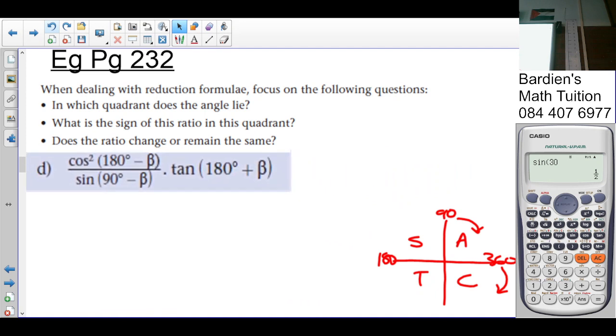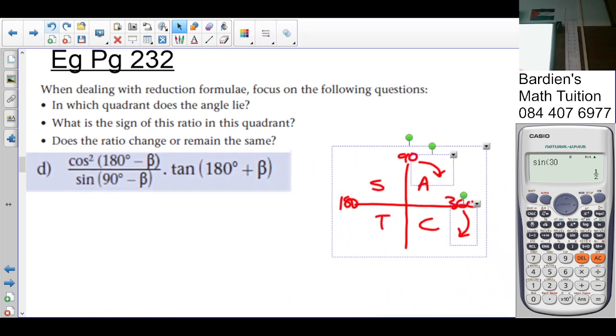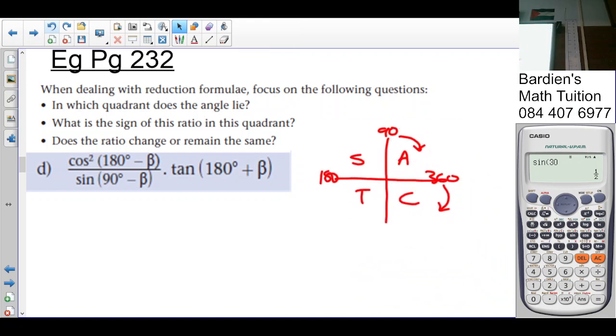Alright, let's look at D. You've got cos squared of 180 minus beta over sine of 90 minus beta times tan of 180 plus beta. Write that down and do the first step.